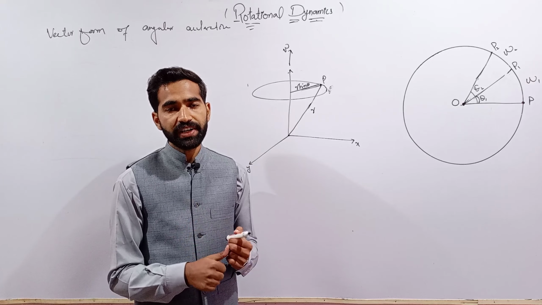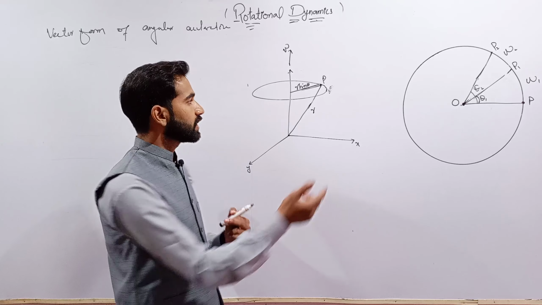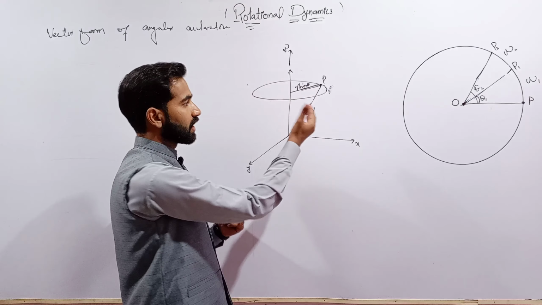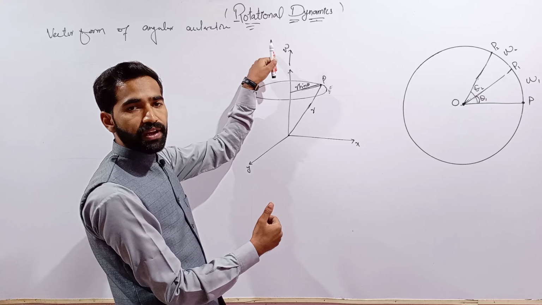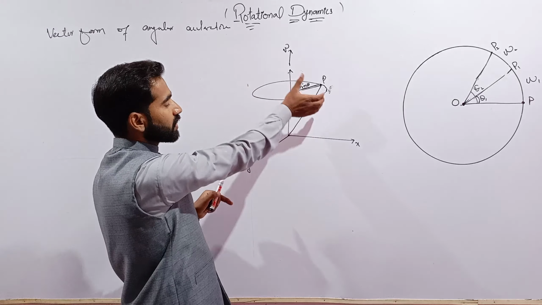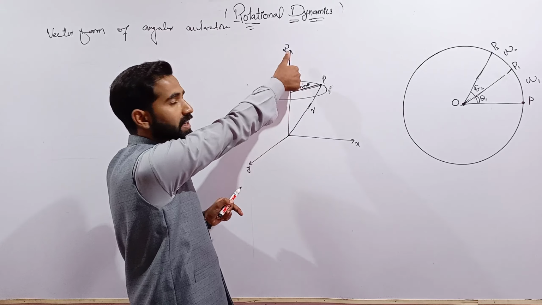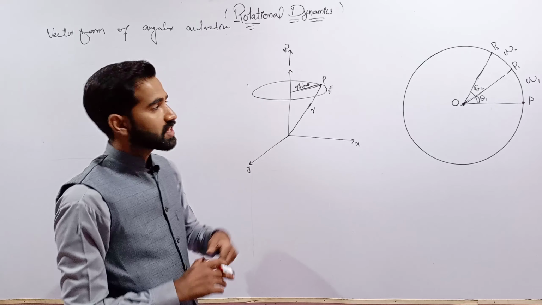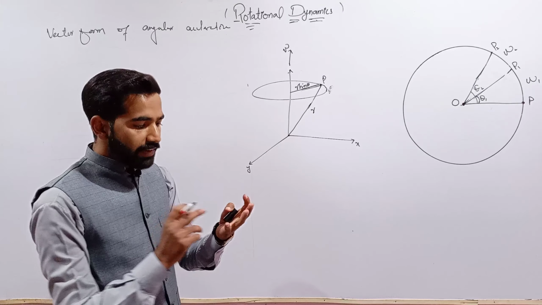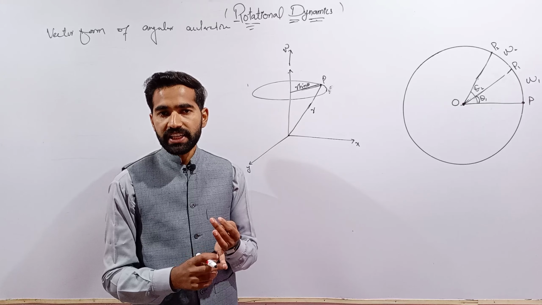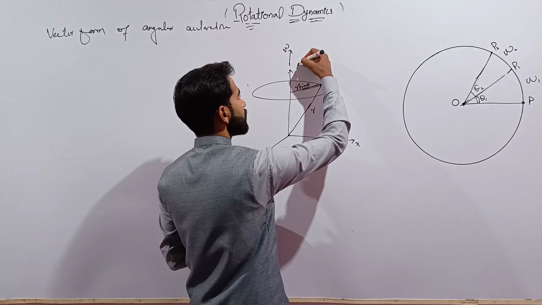We use the right hand rule. The curved fingers indicate the direction of motion of the particle and the thumb indicates the direction of angular velocity. So here the particle moves counterclockwise, and the thumb indicates the angular velocity direction upward along the z direction. If the angular velocity is increasing, the direction of angular acceleration is upward.